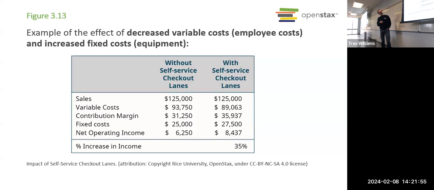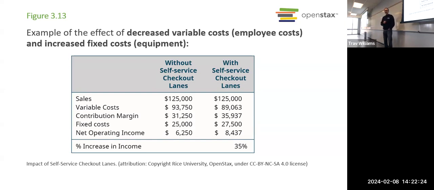Now, it also includes here, what is the percentage of increase in income? 35%. Does anybody know how that 35% would be calculated? How did you figure out what percentage their income increased? Yeah, dividing is part of it.